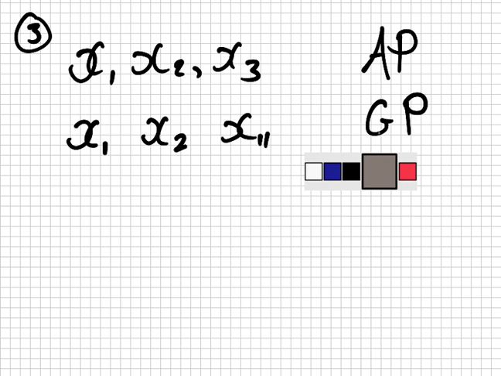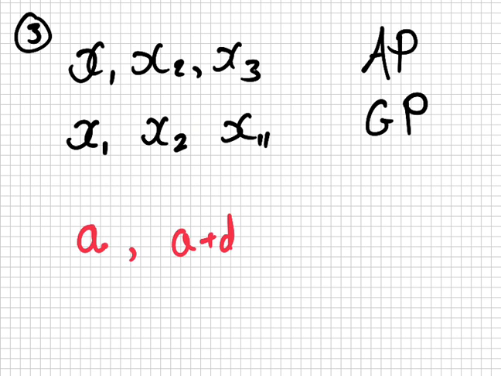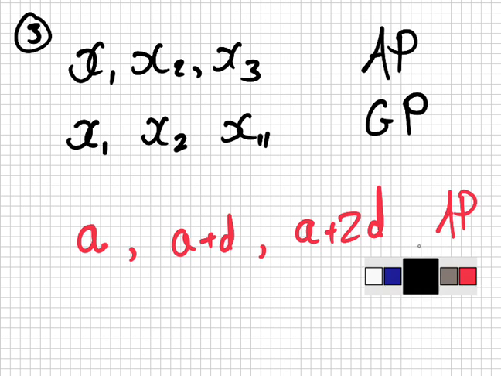Okay. So let's start off with arithmetic. If it's arithmetic, what's the first term? A. Second term? A plus D. And then the third term? A plus 2D. So this is the arithmetic. Now, if this is geometric, what's the first term?